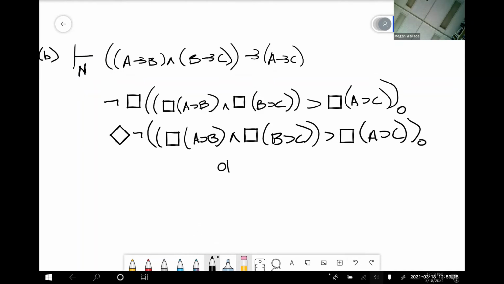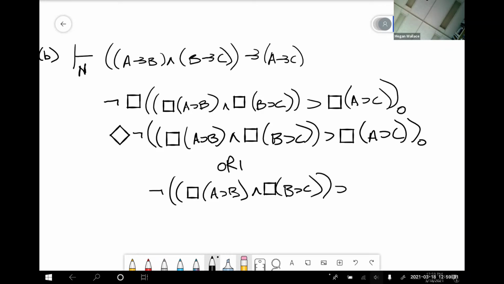So we get that 0 is related to 1. It's not the case that box A, then B, and box B, then C, and if that, then box A, then C, and all of that is true at 1.